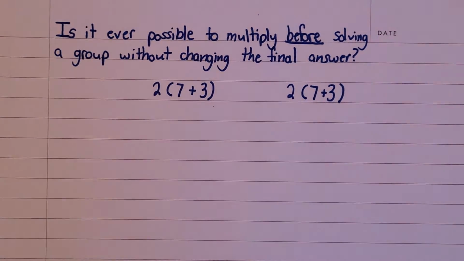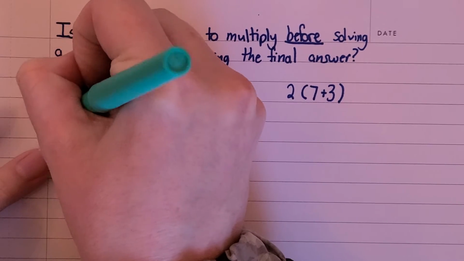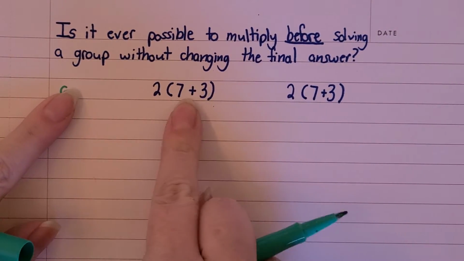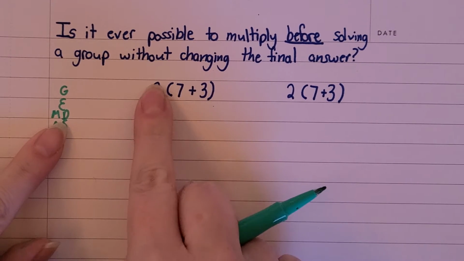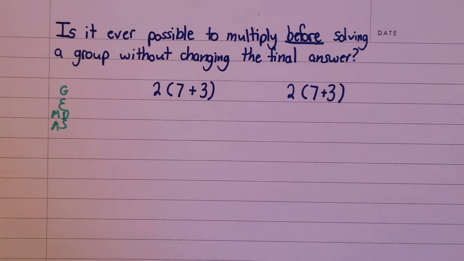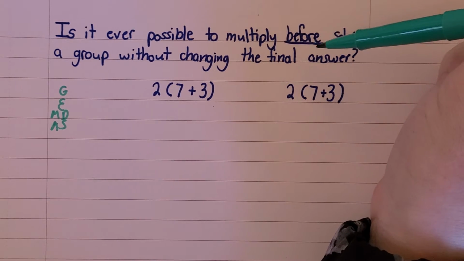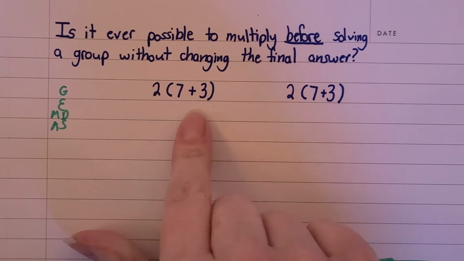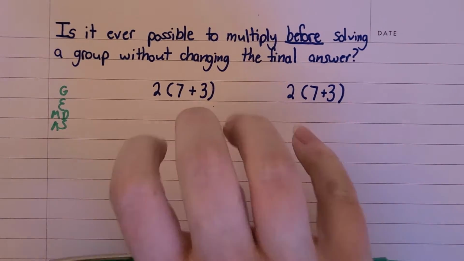With GEMDAS, you would do your groups, you do your group 7 plus 3 before you get down to that multiplying, because a number touching a parentheses means you multiply. So what I mean is, is it ever possible to multiply before that group? Can I do 2 times the group before I add?